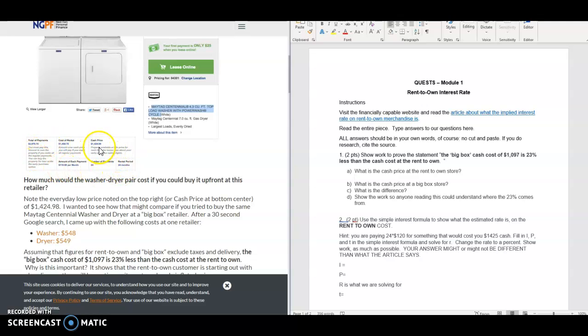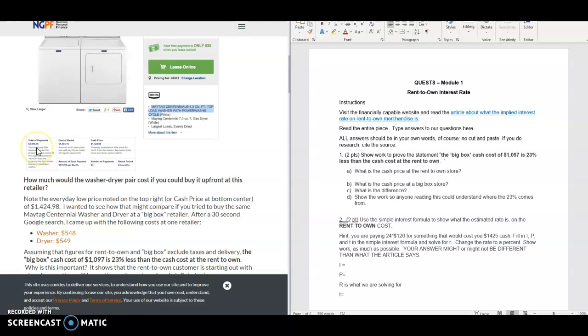I've got a cash price. It's very small, and I don't think I can make it any larger, but maybe you can enlarge it on your screen. You've got the number of payments, the rental period, the amount of each payment per month, and the total number of payments.